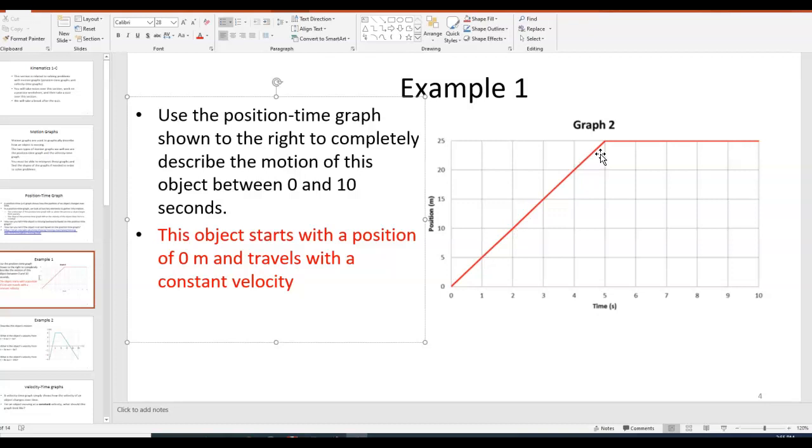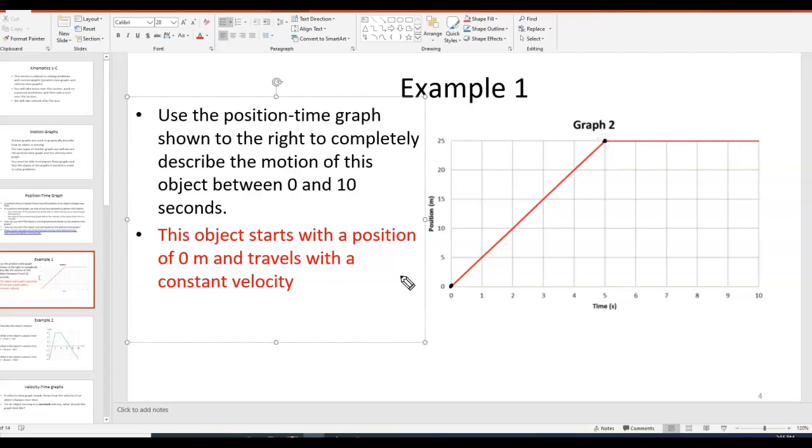And since the slope on a position time graph represents a velocity, a constant slope here also represents a constant velocity. Now, how do I know what the velocity is? Well, I need to calculate the slope. So the way you find slope is you basically do rise over run. And hopefully you remember this from algebra, but you can either do rise over run or you can use the slope equation.